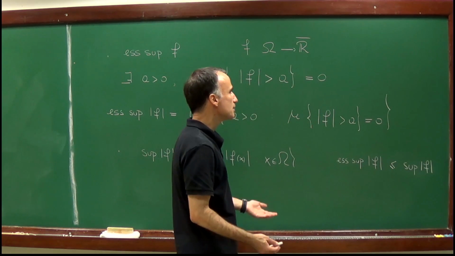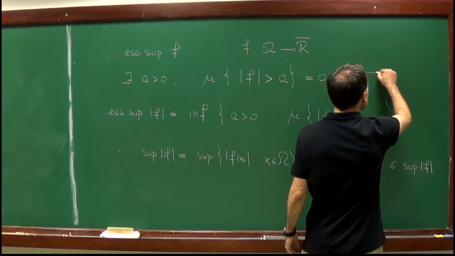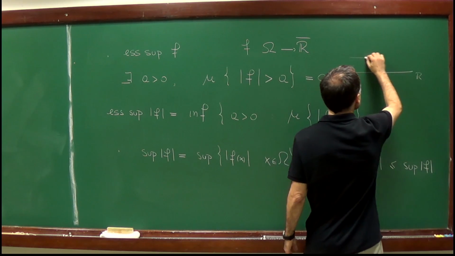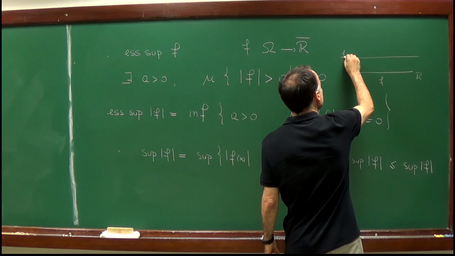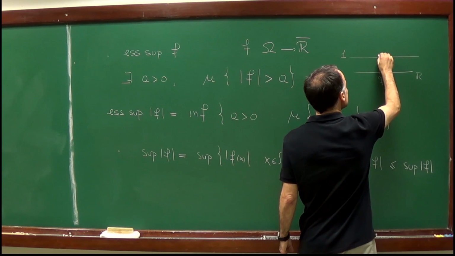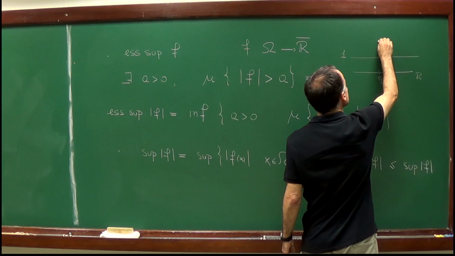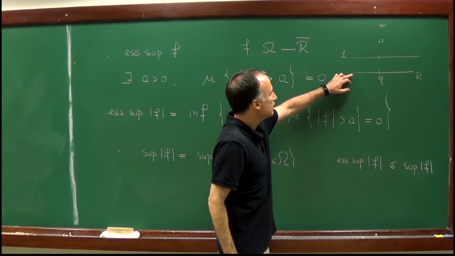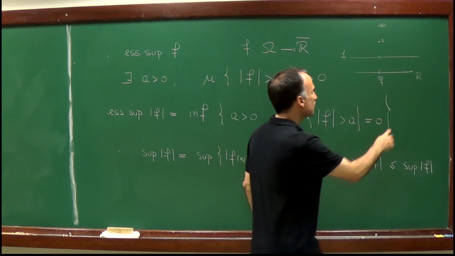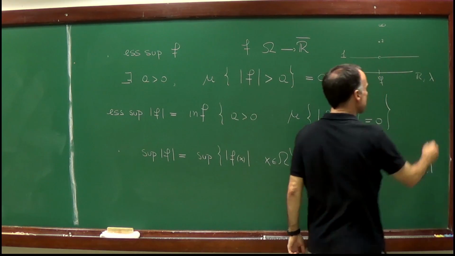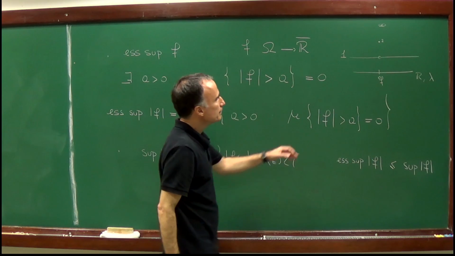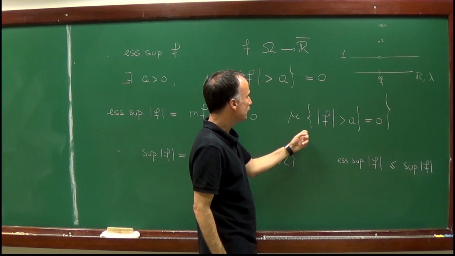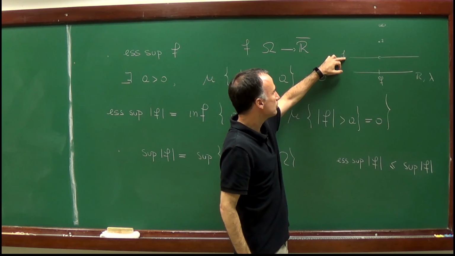So let me give you a very simple example. Let's take the line. Let's consider a function f which is equal to 1, say, everywhere, but at the origin it takes the value, say, 2 or plus infinity. So it's clear that if you are taking R with the Lebesgue measure, then if you take any a larger than 1, the measure of this set is equal to 0.